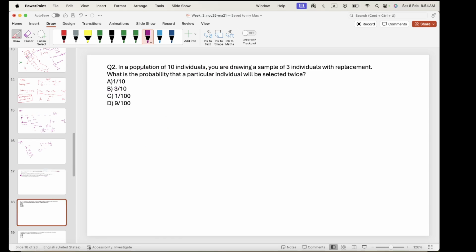So the question here: in a population of 10 individuals, you are drawing a sample of 3 individuals with replacement. What is the probability that a particular individual will be selected twice? The probability that an individual is selected is actually 1 by 10.